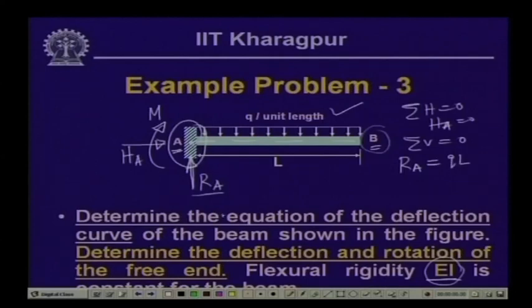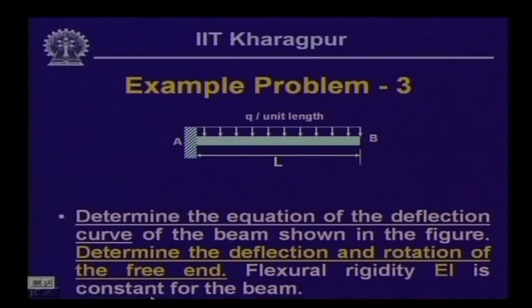If we take the moment of all the forces with respect to this particular point, we have the moment value M, let us call it M dashed, and qL also will have the moment in the same direction. So, plus q into L by 2, so qL square by 2, equals 0. So, this gives us M dashed equals minus qL square by 2. So, you will have the value of RA as qL and M dashed as qL square by 2.